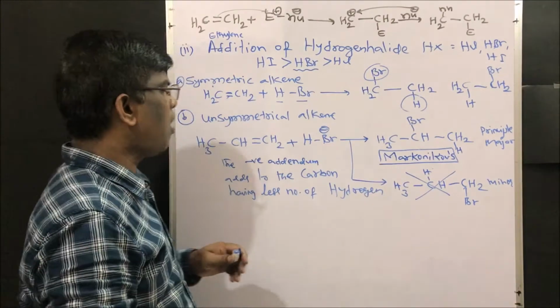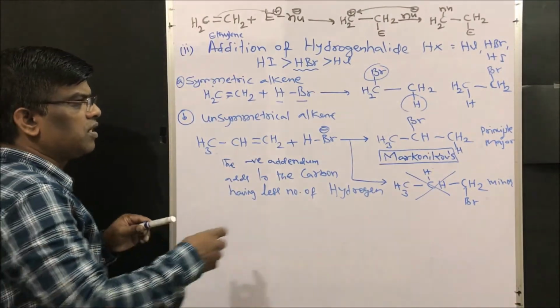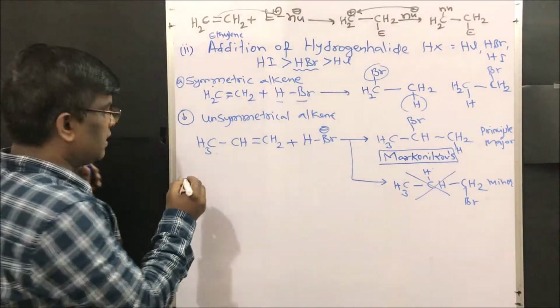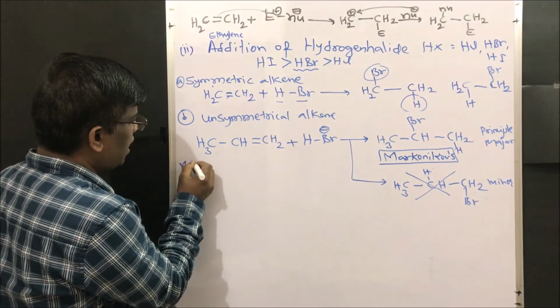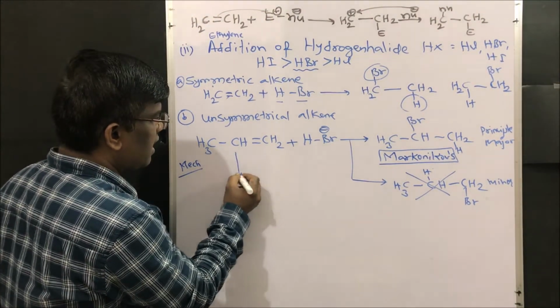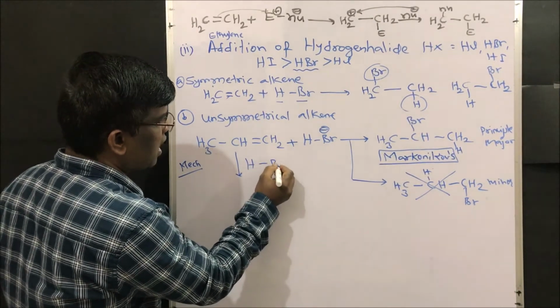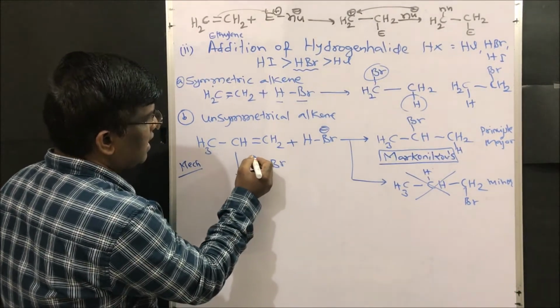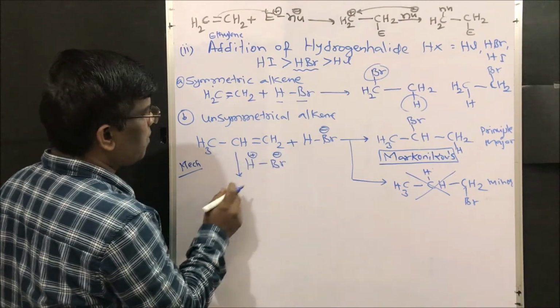So let us prove why it forms exclusively this compound only. Let us see the mechanism. When you understand the mechanism, it will be easy to understand. This is H plus, this is Br minus.